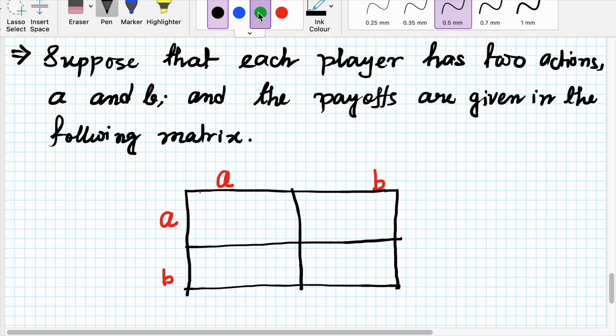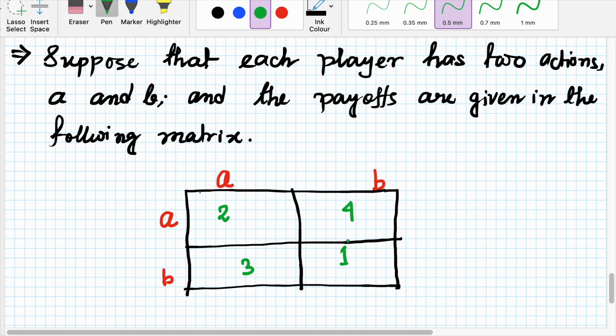Okay, so let me put some numbers. 2, 4, 3, 1. As we know, if the game is symmetric, so the preferences of both players are symmetric, we can write it by a single number, because for player 2 also the game will be the same.